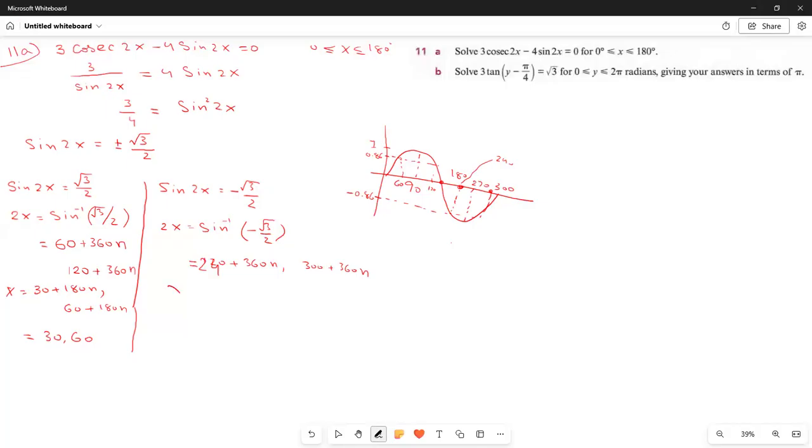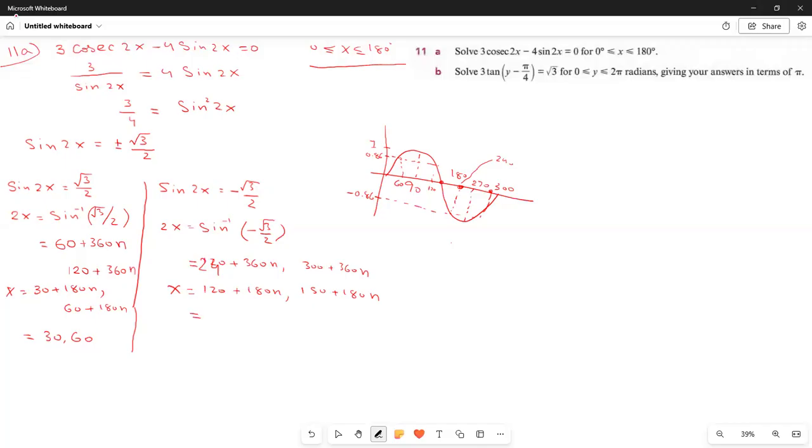So x is equal to 120 plus 180n and 150 plus 180n. And again, luckily, n has to be 0 in both cases because we are looking for solutions within the range 0 to 180 degrees.